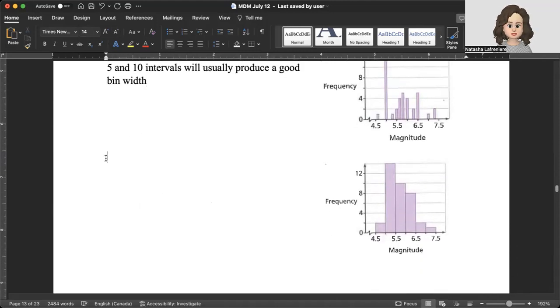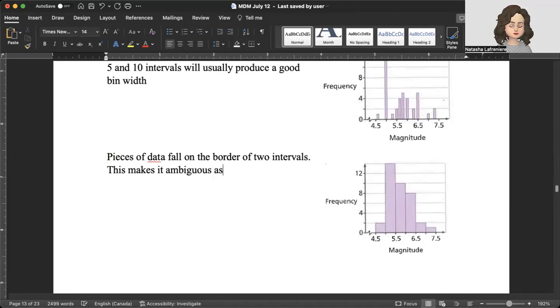Whereas this one, we have pieces of data. Wow, that's not how you spell pieces. Of data fall on the border of 2 intervals. This makes it ambiguous as to where the data actually falls.